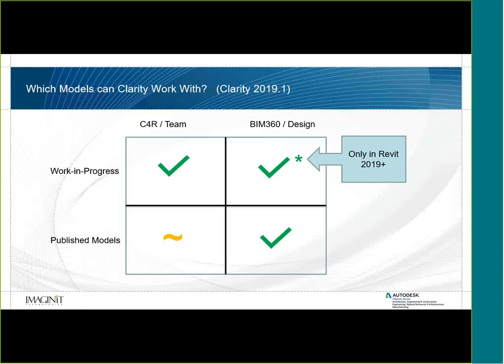We had our Clarity clients reinforce the need for those suggestions, and Autodesk built in that capability for us to be able to get access to the work in progress model, but only in Revit 2019 or later projects. Autodesk has not committed to making that something that will be built into the 2018 software.